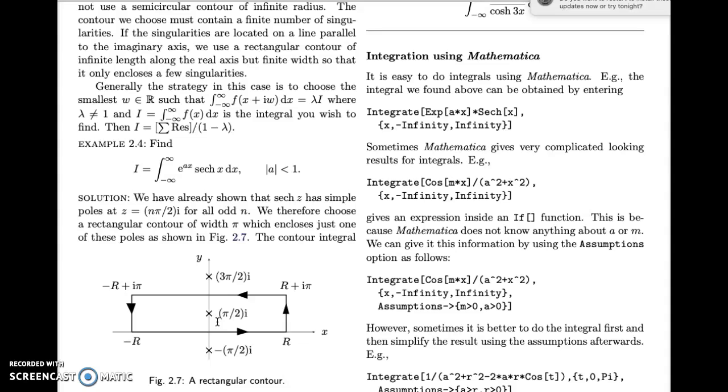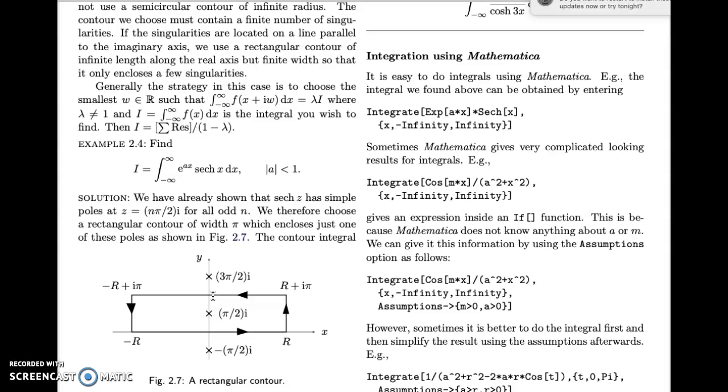So a reasonable first guess: basically you look at the singularities first, and in a way you have to guess what w is and just try and see what different things give you. A reasonable first guess is to choose w equals pi in this case.